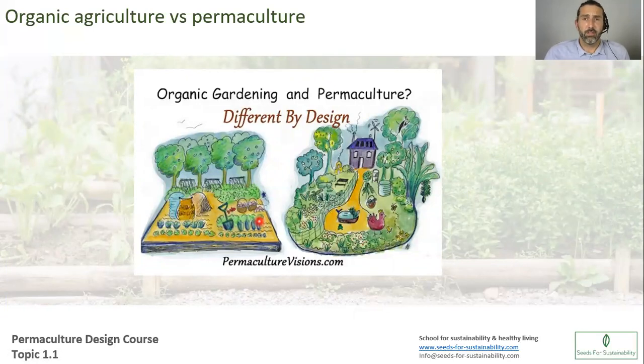So now we have seen a couple of examples of permaculture. So now let's do a little comparison. What is the difference between organic farming and permaculture? Well, here we see a couple of differences. One difference would be that here everything is planted in rows, and the soil is open, nicely clean and neat.